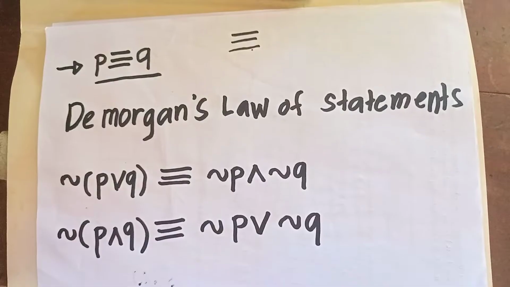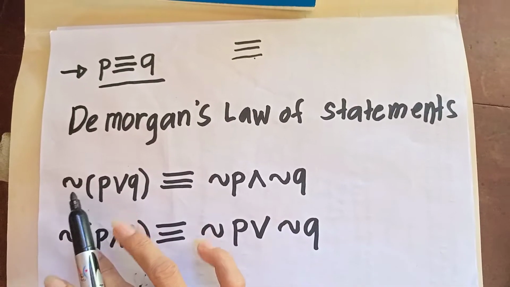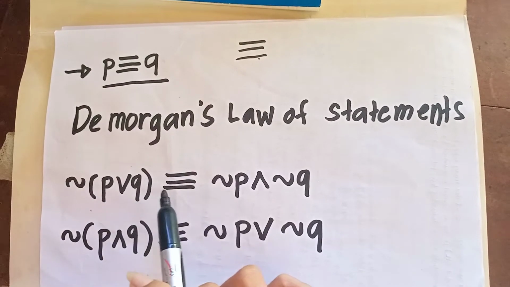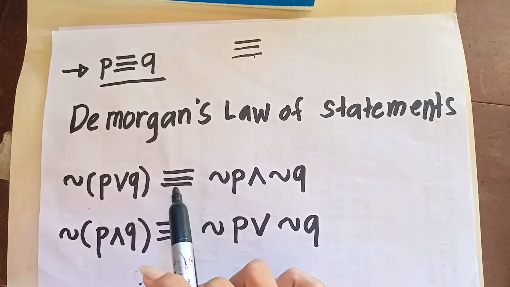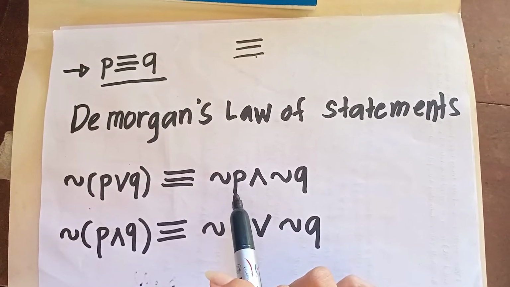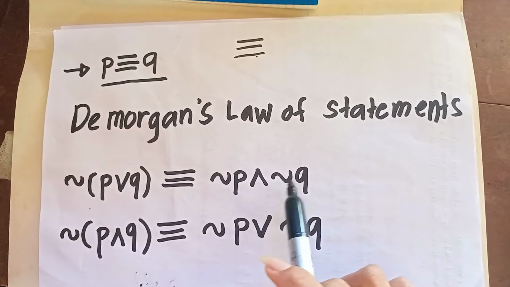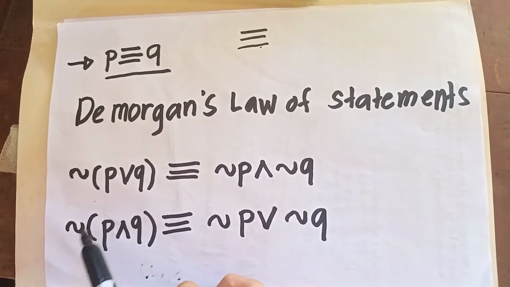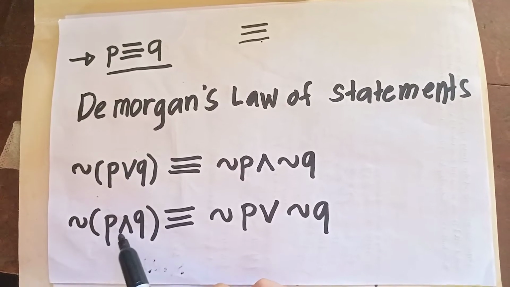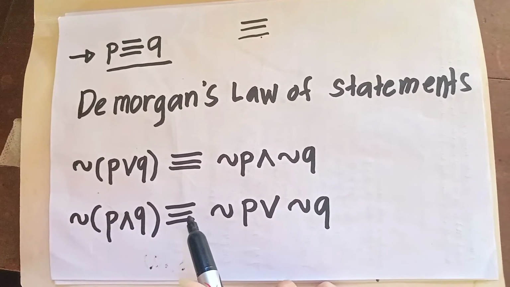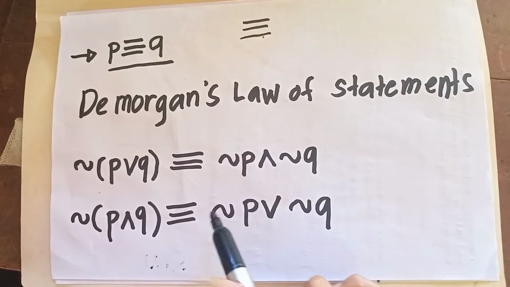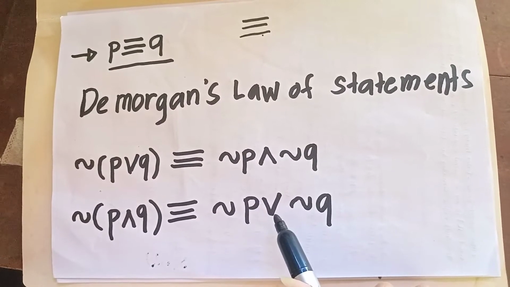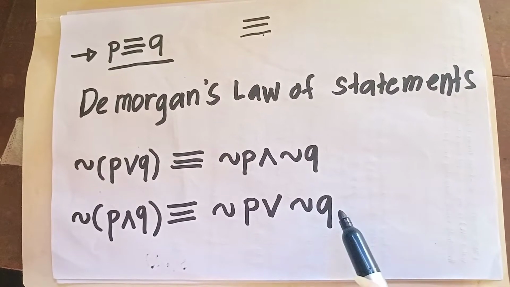Here, the negation of P or Q is equivalent to not P and not Q. In another De Morgan's law, the negation of P and Q is equivalent to the statement not P or not Q.